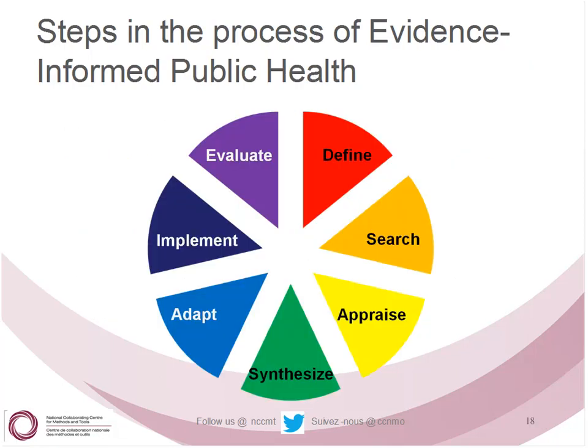At this point, you will have defined the question, done an efficient and systematic search, found some information about a particular intervention, done the critical appraisal, and made a decision about which information you're going to pay attention to, so you end up with some possible recommendations.